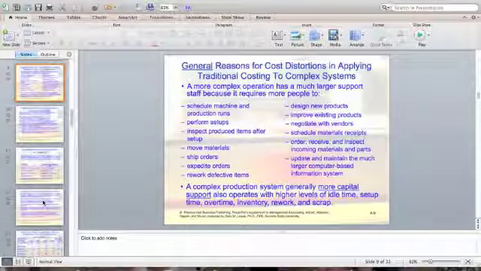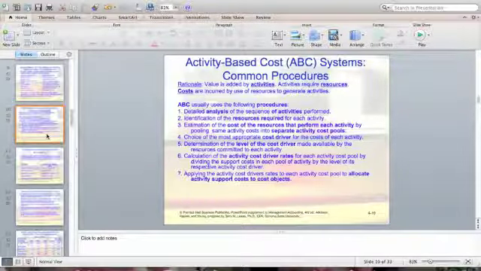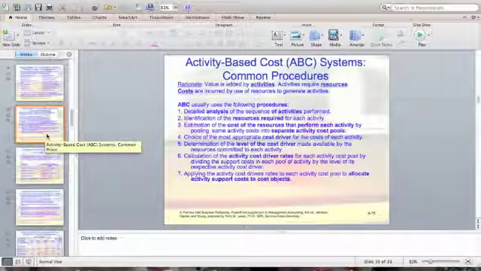Machine scheduling, design, scheduling material receipts, orders. We have to move materials. We have different information systems. It takes a lot more to produce this than just to say, I had this many labor hours, so I'm going to charge that much overhead based on that. It doesn't give us quite the full picture.